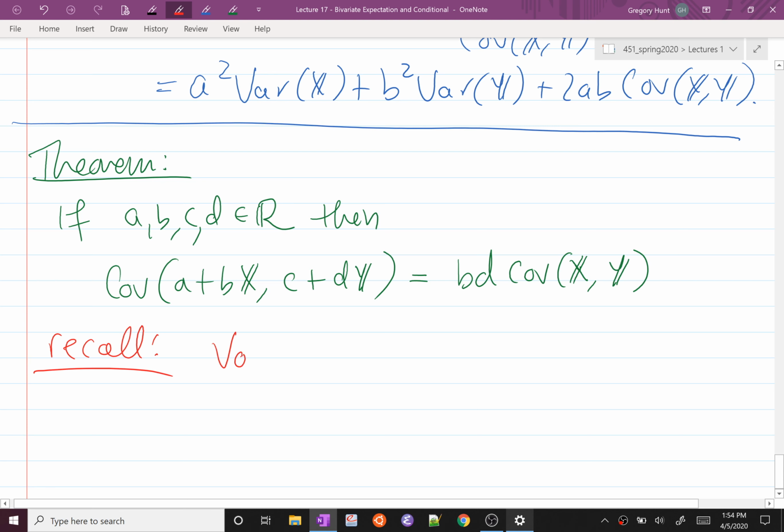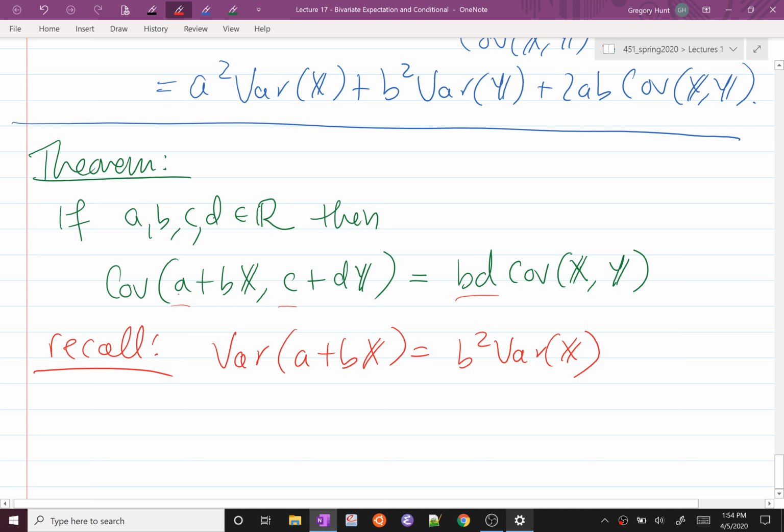For variances, we said that the variance of A plus BX is going to be B squared variance of X. And in this case, covariance can also ignore additive shift, so the A and the C just disappear. We don't care about addition. And the B and the D come out as constants out front.